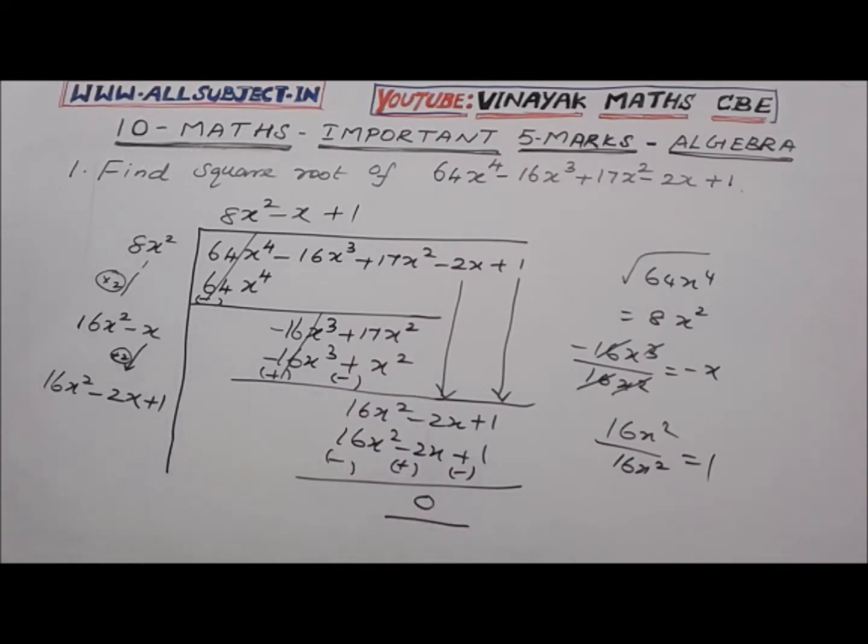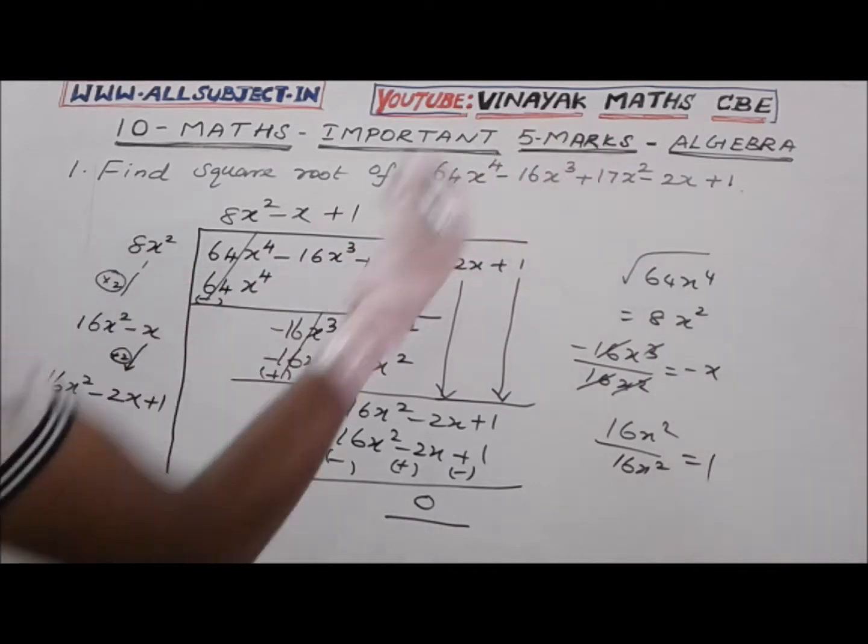The remainder is 0. 8x square minus x plus 1 is the square root of this polynomial.